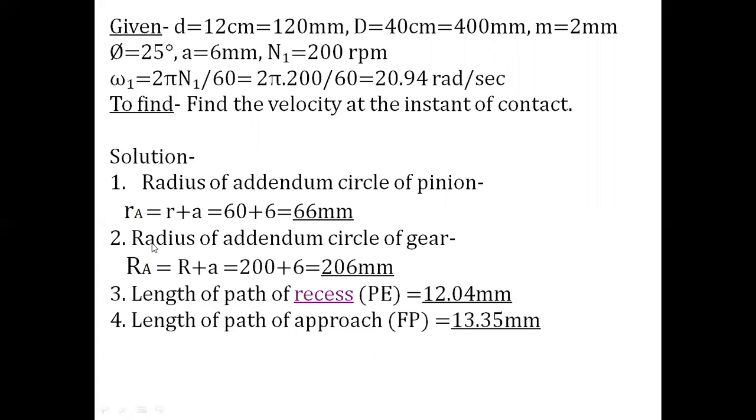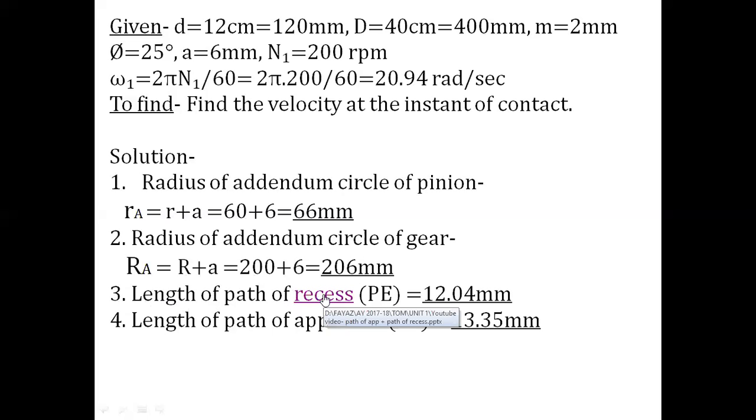Now the radius of the addendum circle of the gear, capital R suffix a: capital R, the pitch circle radius of the gear, is 200 since 400 is the diameter of the gear. So 200 plus addendum is 206 mm.